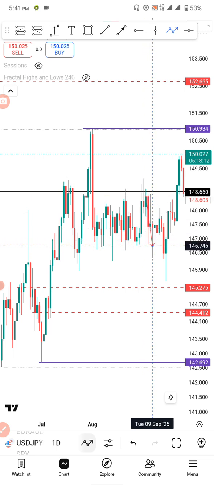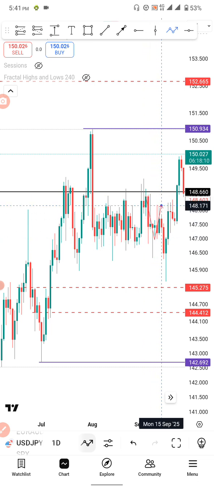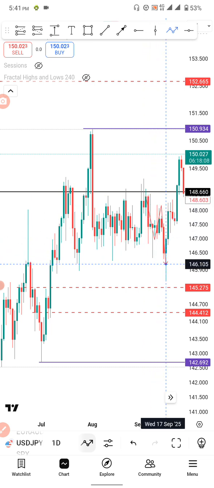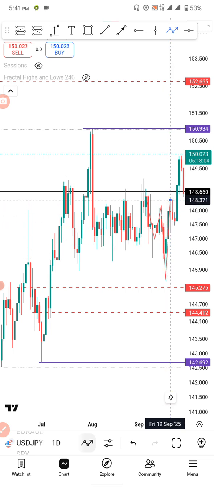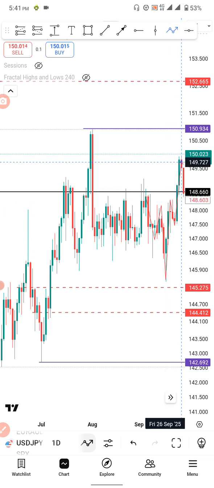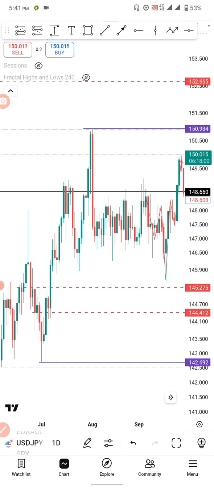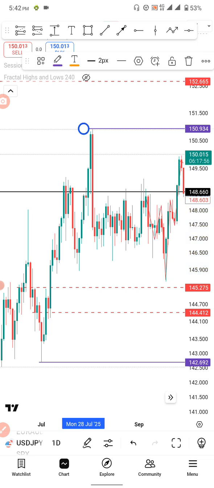The level of the shift is here, on the daily, confirming to us that the market might push back to this high.